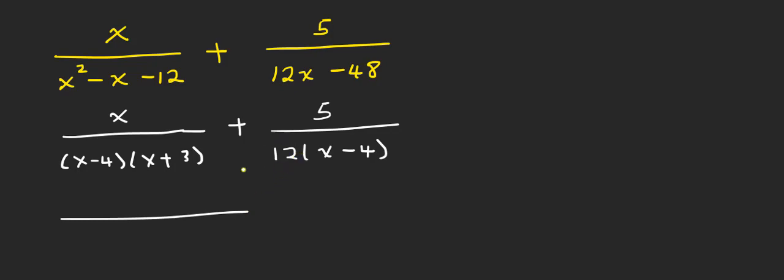You have 12 and you don't have 12 over here, so we need 12. We have x minus 4 and we have x minus 4. So we just need x minus 4. You have x plus 3, but you don't. So we also need x plus 3. Because both of these need to go into LCM.